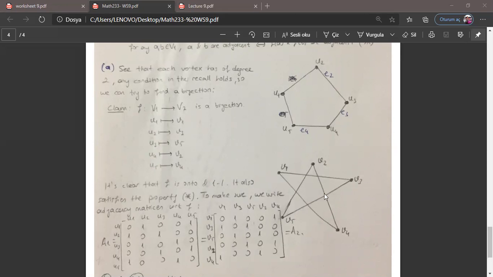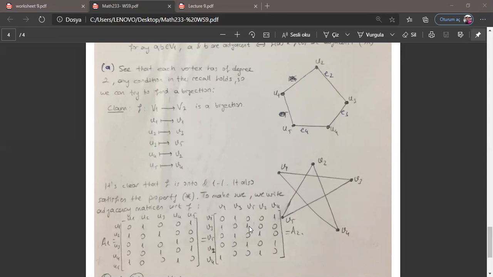There is no loop again, so the diagonal will be 0, and there is an edge between v1 and v3, so here we have one, and v1 and v4. And similarly, we complete the rest. For example, for v1 and v3, we have one, and v5 and v3, we have one, as in here. So we complete the rest and we see they are exactly the same matrices.